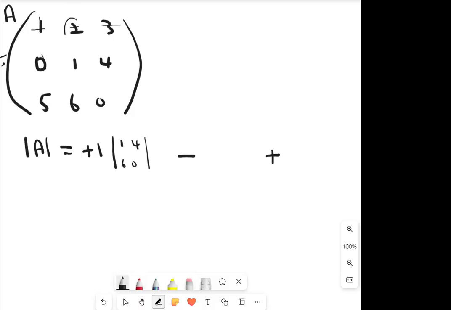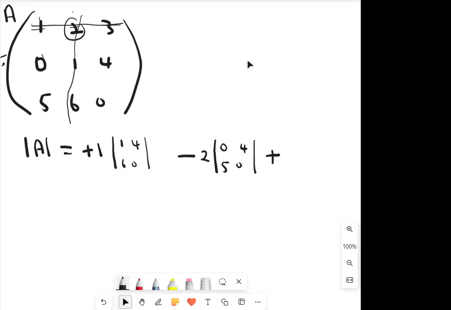So now I'm going to take this 2 here, cross out the row and the column that it's inside, and I'll put a 2 here. This is what I call the minor matrix, right? 0, 4, 5, 6. I'm going to find the determinant of that.